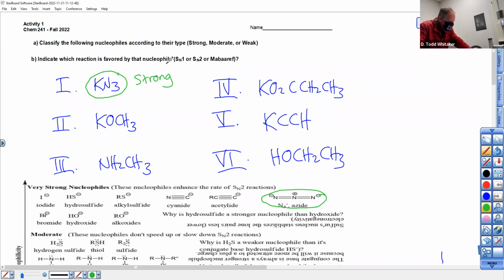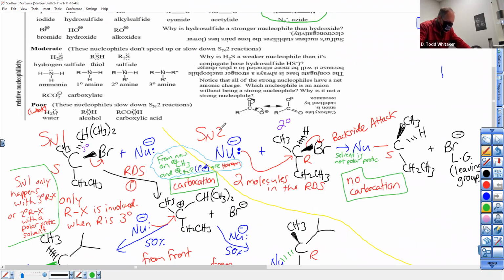Which reaction is favored by that nucleophile? Well, guys, SN2, it's very important the nature of the nucleophile. It's involved in the rate determining step. This is the only rate determining step. Here's the RDS here, nucleophile not involved. So nucleophile strength is not important for a tertiary.